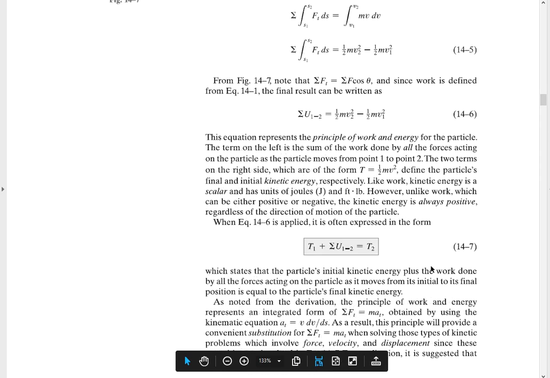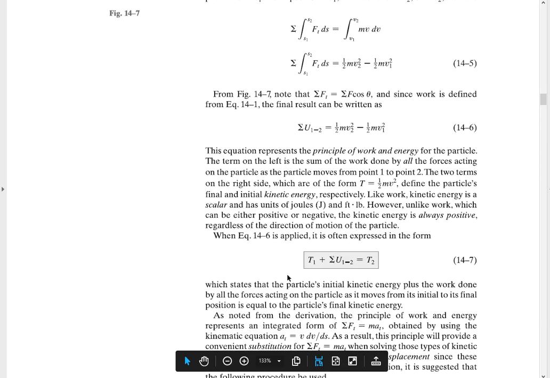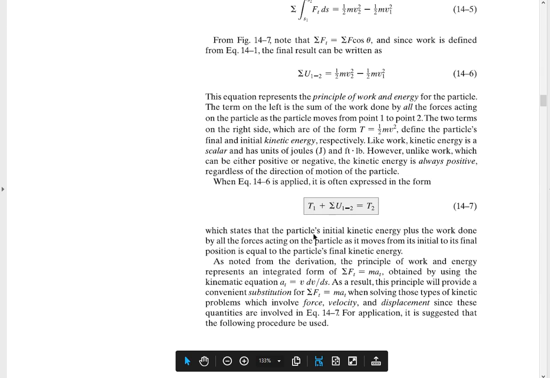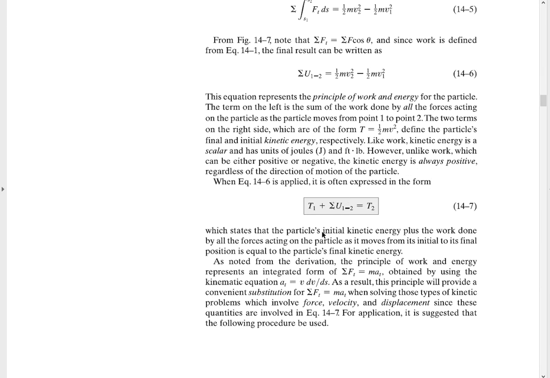Okay, a form that is used in applications for the principle of work and energy is this one. You're looking at initial kinetic energy plus the work done between initial and final position, between position 1 and position 2, equals the final kinetic energy.